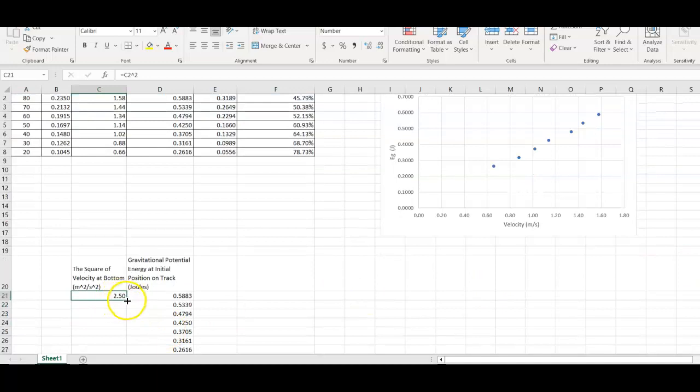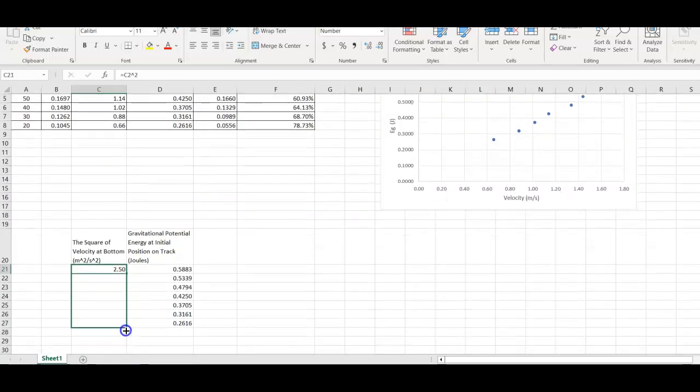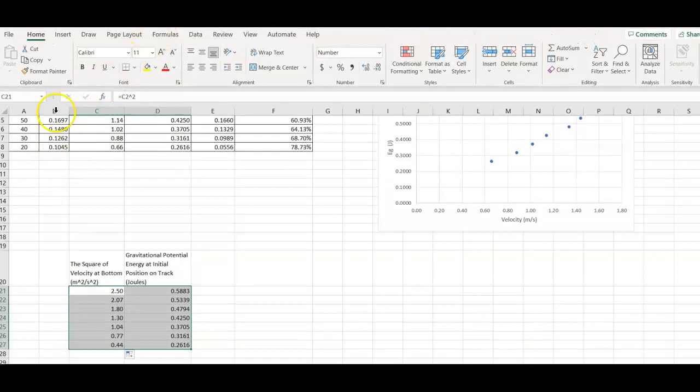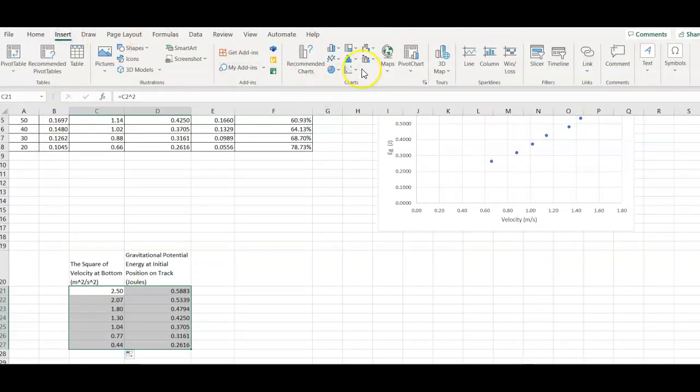And now that I've got the formula, I can just copy it down. Go back into that cell where the formula is, bring your cursor to the lower right hand corner, hold the mouse down, and just drag it down the length of the table. Okay, so now I'm going to graph this, the gravitational potential energy versus the square of the velocity.